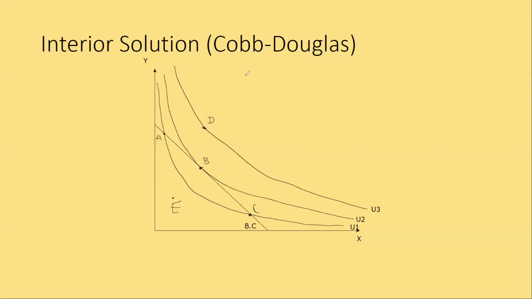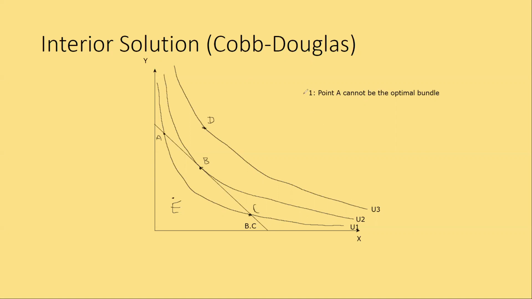So my first argument is that point A cannot be the optimal bundle. And probably you already know why I can make this argument. Point A is on the budget line, and it is on the indifference curve of U1.